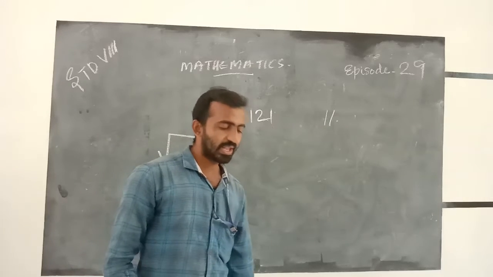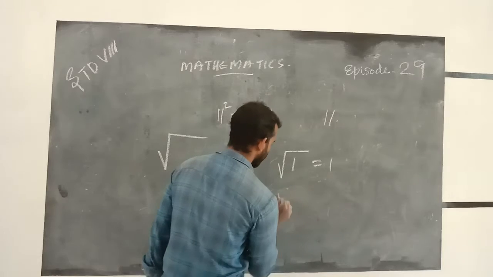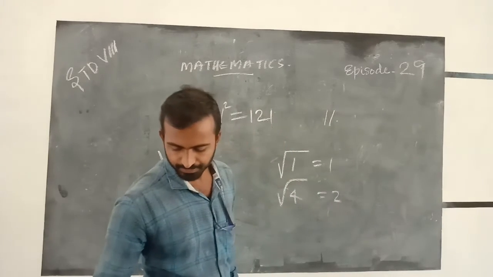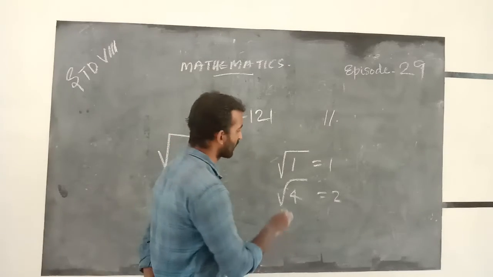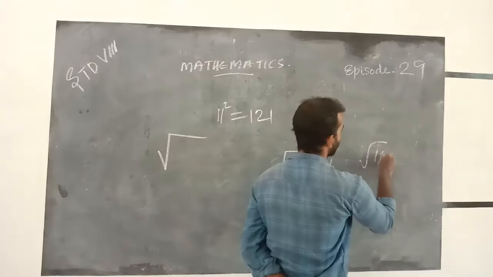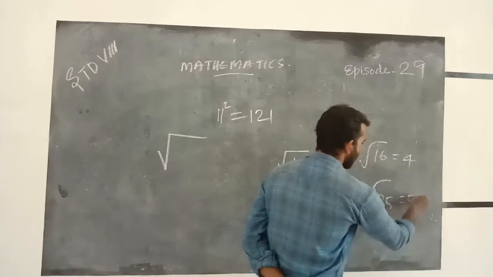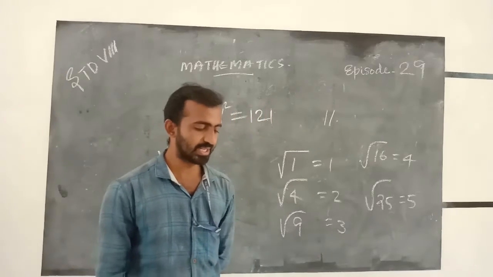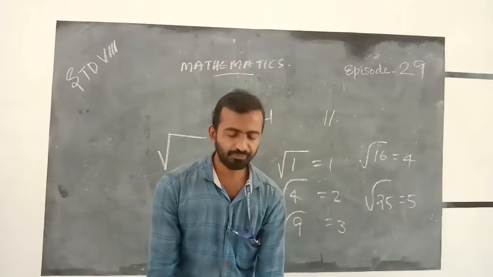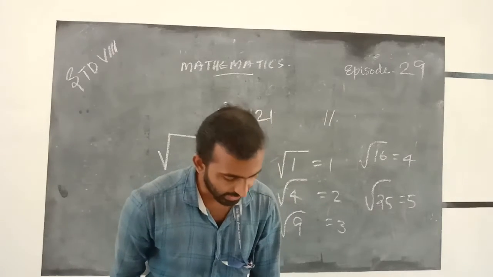The square root of 1 equals 1, the square root of 4 equals 2, the square root of 9 equals 3, the square root of 16 equals 4, the square root of 25 equals 5. And next, the square root of 100, we get 10.